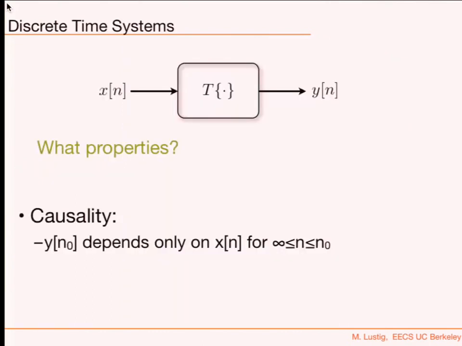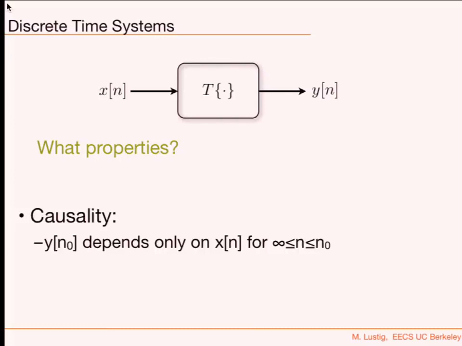Moving on. Now that we talked a little bit about sequences and some of their properties, let's talk about discrete time systems properties. So we've got a discrete time system.